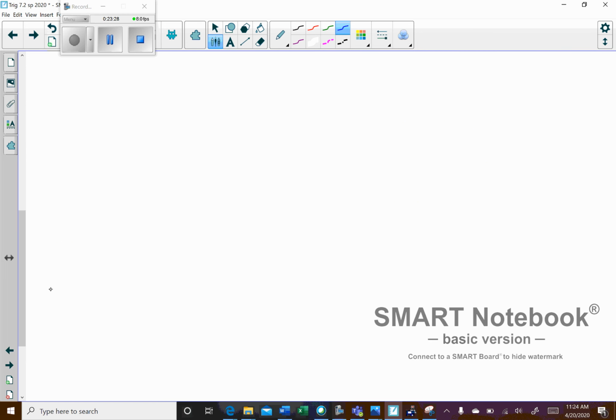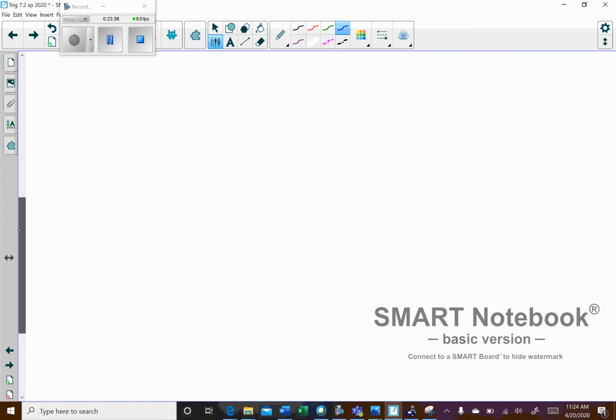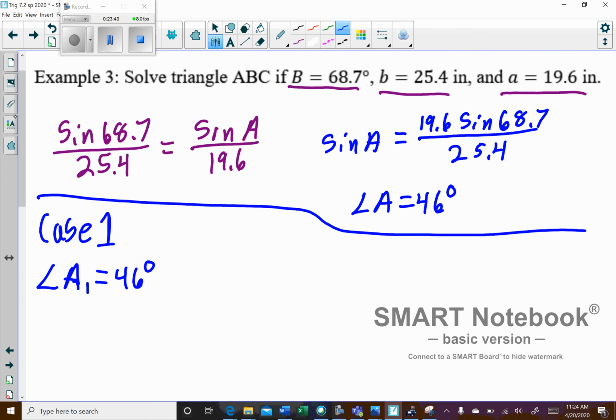Okay, so we need to find angle C1. We know that the angles of a triangle add up to 180 degrees. We know two of the angles: angle A is 46 degrees, and angle B, which was given, is 68.7.